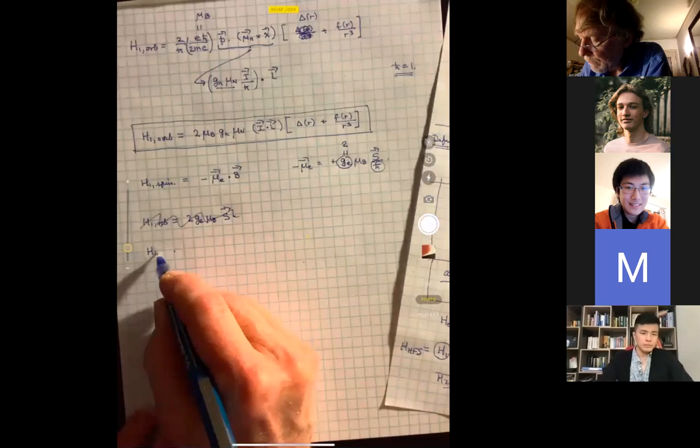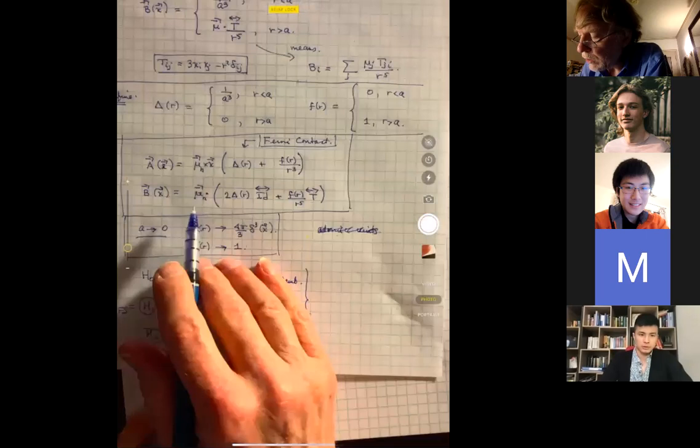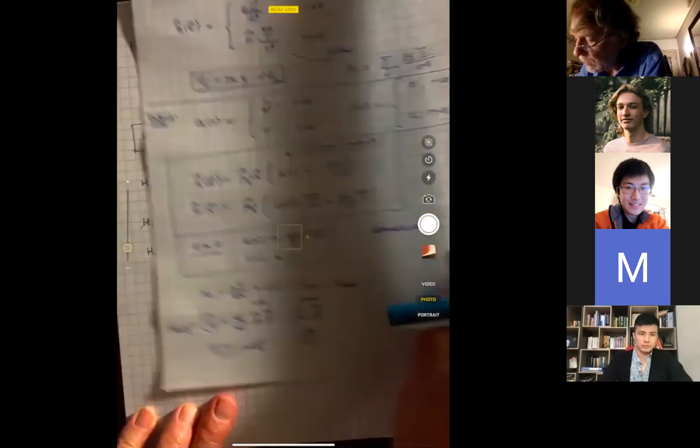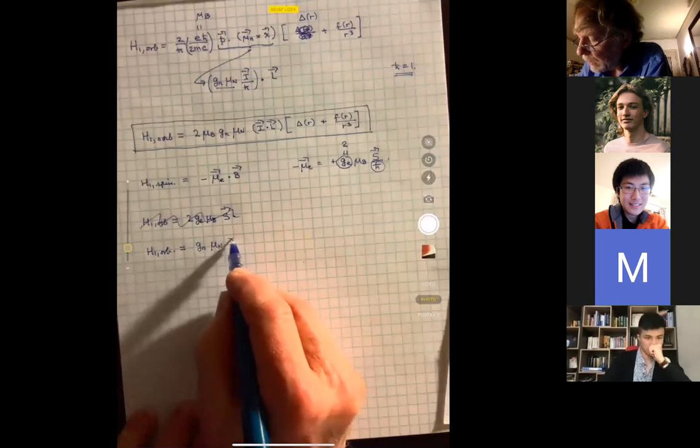H1 spin is going to be, as far as the B part here is, a nuclear magnetic moment. So this is equal to the nuclear g factor g n mu n times I, and I'll ignore the h bar.